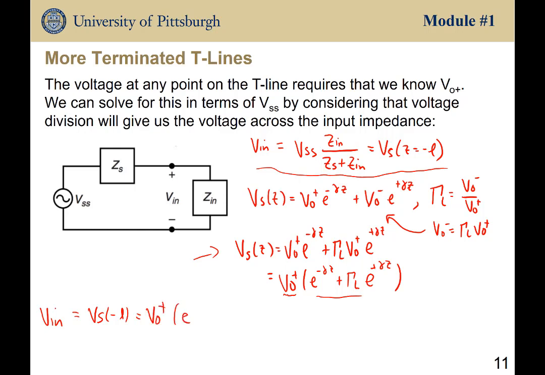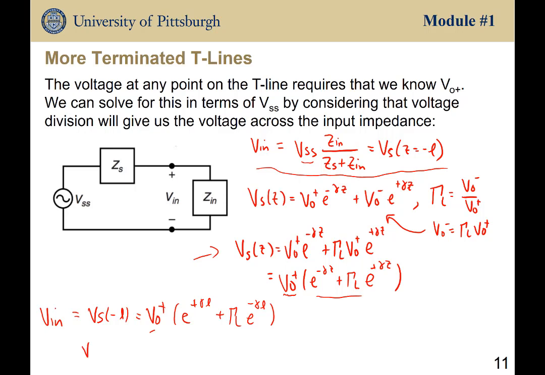Now look, e to the negative gamma times negative L is going to give me e to the positive gamma times L, plus the reflection coefficient e to the negative gamma times L. Now we know the input voltage. We can calculate it using the source voltage. And we know the reflection coefficient, and we know the length of the line, that's L, whatever the L is. So now we can actually use this all to solve for this term right here.